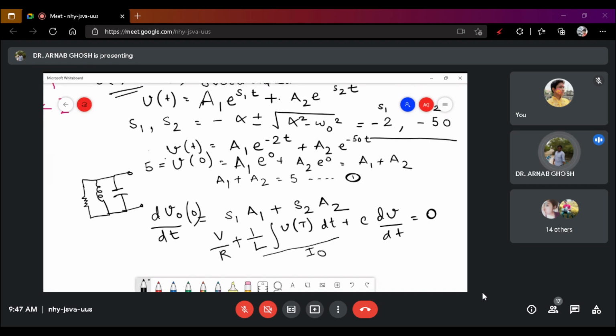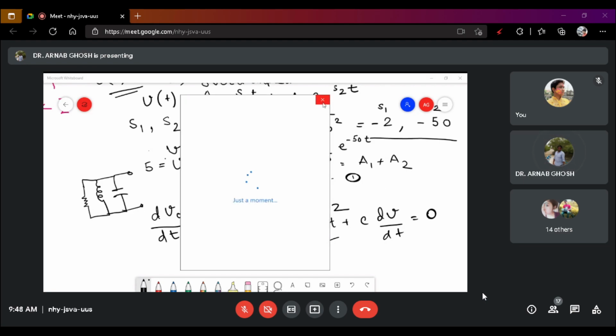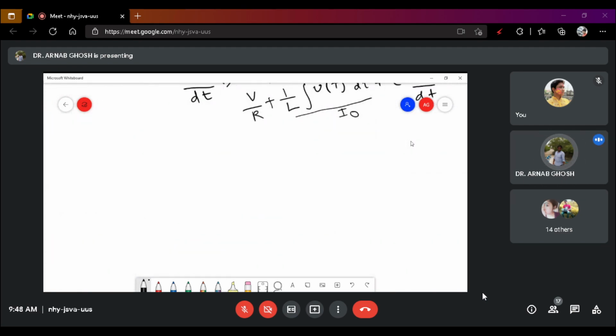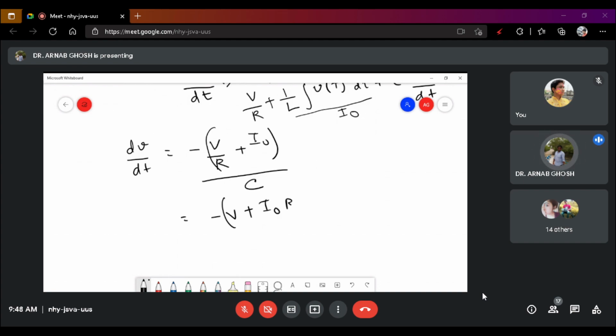If you rewrite the equation, dV by dt is equal to minus V by R plus I0, the entire thing divided by C. So this will be equal to minus V0 plus I0R, divided by RC.